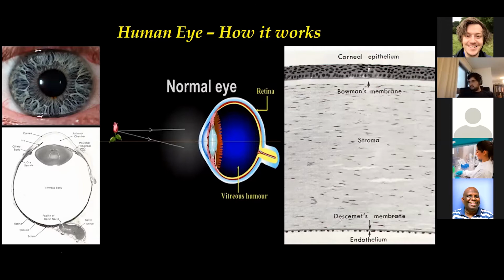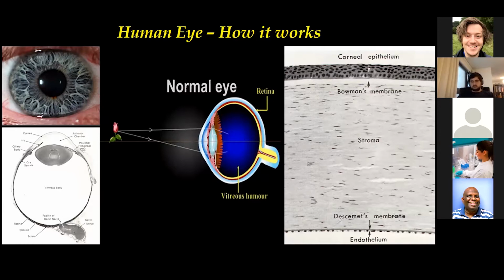Just to give you a slight introduction about the structure of the cornea. So here we can see a histological section of the cornea. It is mainly composed of 5 layers. Briefly, the outermost layer is the corneal epithelium. This layer provides mechanical protection and also protects the cornea from the invasion of pathogenic microbes.